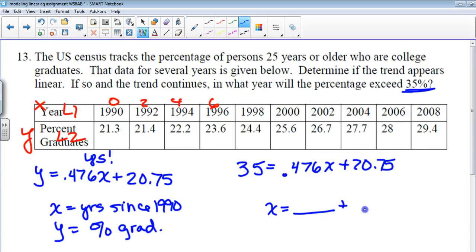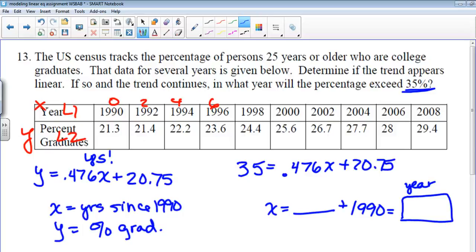Yes. Perfect. So that will be the year that it should hit 35% or exceed. Just set it anywhere. Thank you so much. And that's okay. I'm sorry that you had to do that.